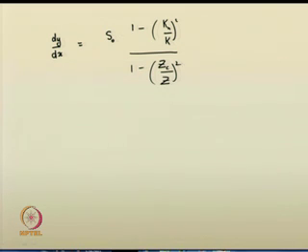So, what is the relationship or what is the criteria that will suggest that dy by dx has to be positive? For dy by dx to be positive, you can have two cases.